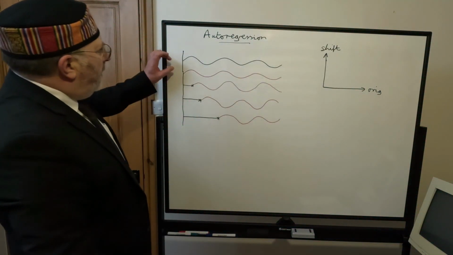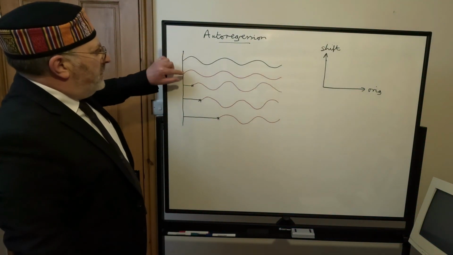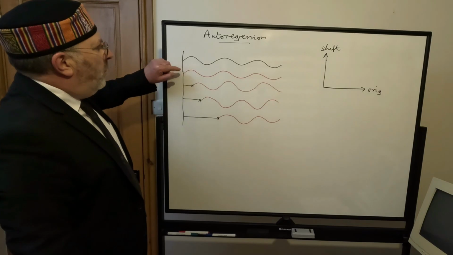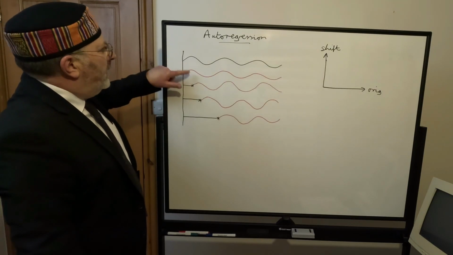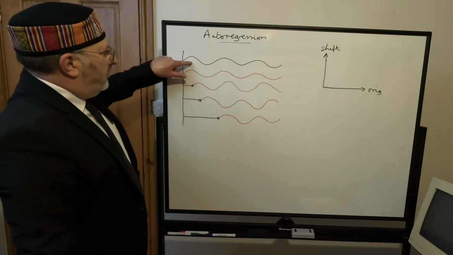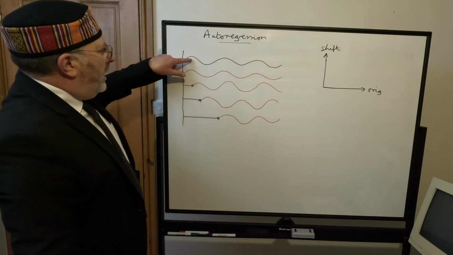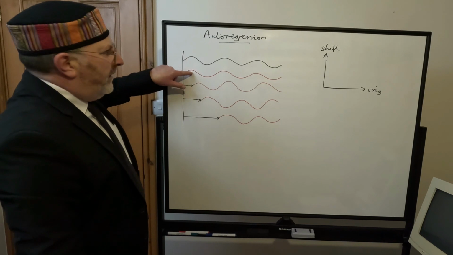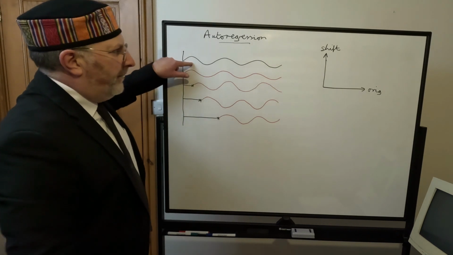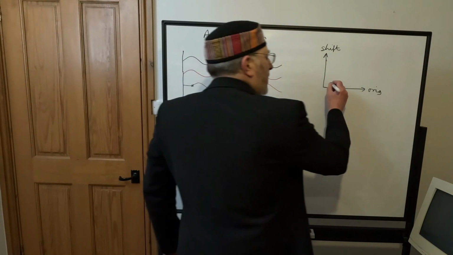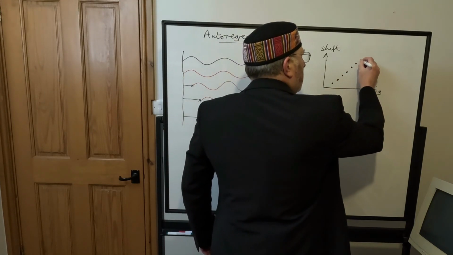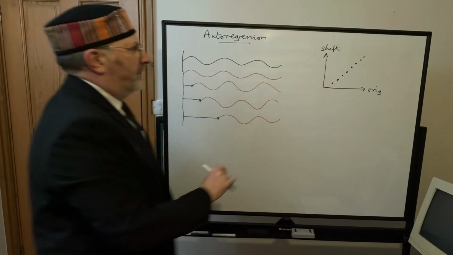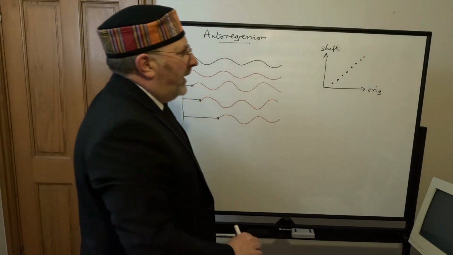So in this case, that's the original and this is the shifted one. Well, the x and y values are going to be the same, because it's not shifted at all. So whatever that x value is, this y value is the same. So what we're going to find is just that x equals y. So we're going to get a set of points like that, lying perfectly on a straight line.